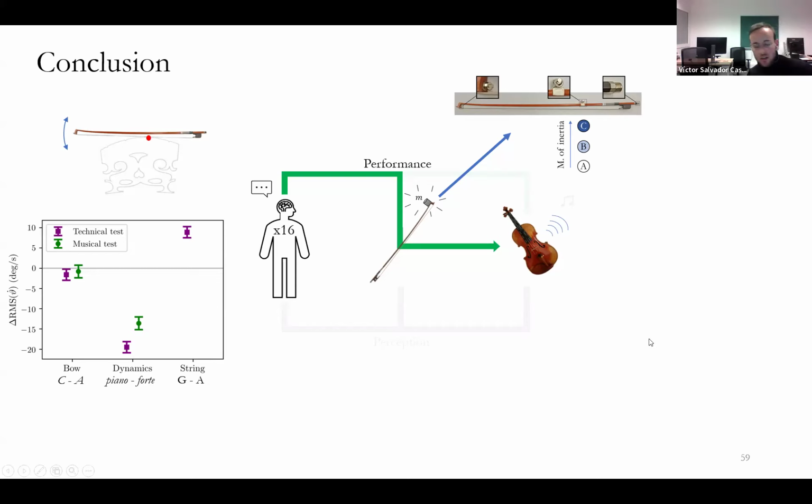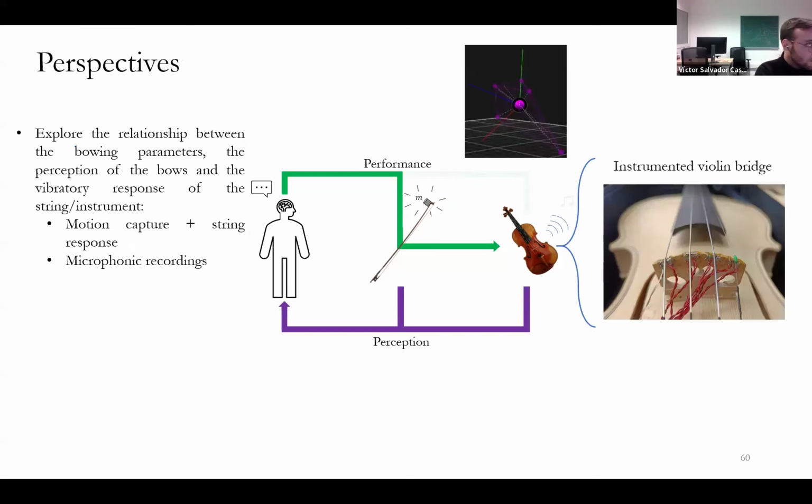I also have some perspectives, more general ones, of what could be done after this research, which would be to really explore the relationship between the perception of the violinists and other parameters that we did not get to measure, for example, the response of the string, and complement that with microphonic recordings to have a broader vision of how different bows may affect the perception of the violinists.